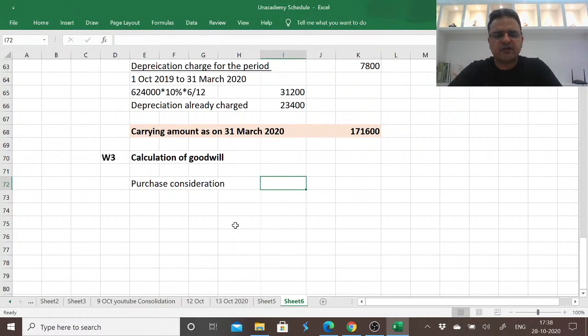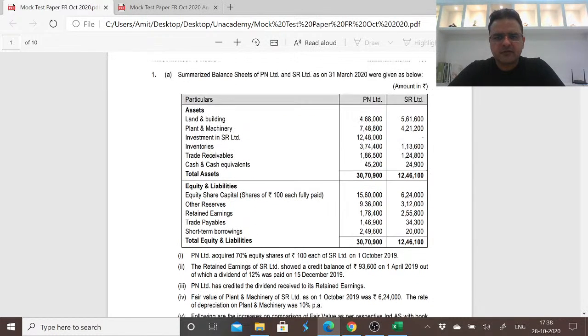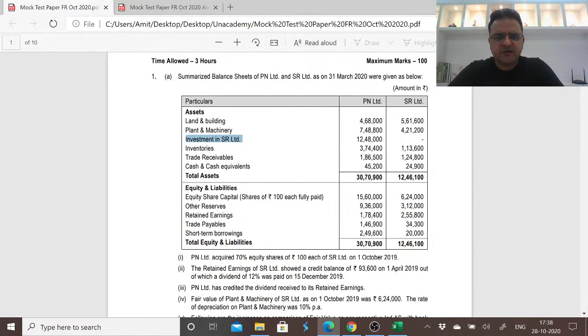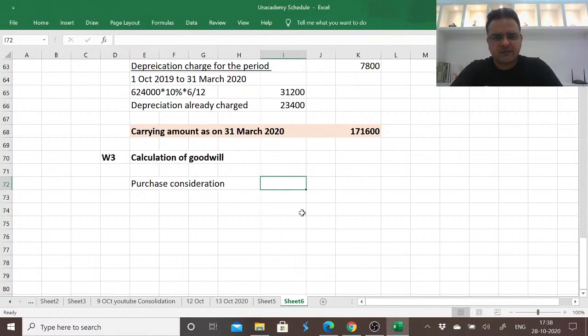Purchase consideration figure we get to know from investment in SR Limited. Purchase consideration is 1,248,000. So we have purchased this investment in subsidiary. When we consolidate PNN and SR Limited, this gets replaced with goodwill. So 1,248,000 is the purchase consideration.